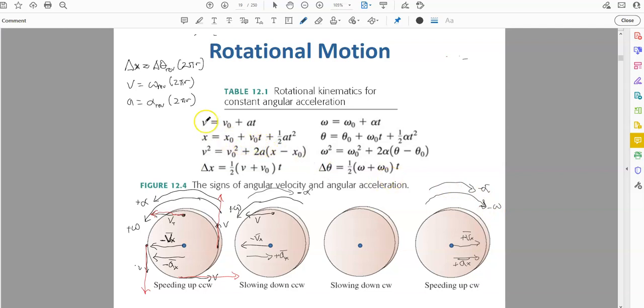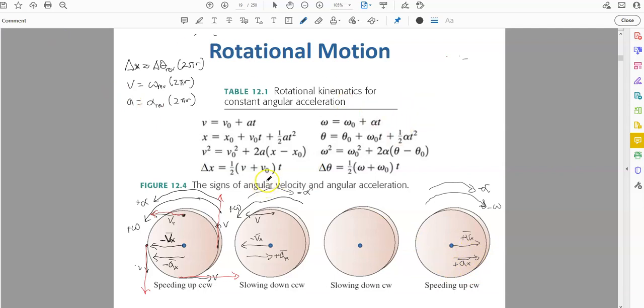So these are all positive in the linear sense, but these numbers are all negative. So that's the relationship between linear velocity and angular velocity for a wheel speeding up clockwise if it's rolling to the right.